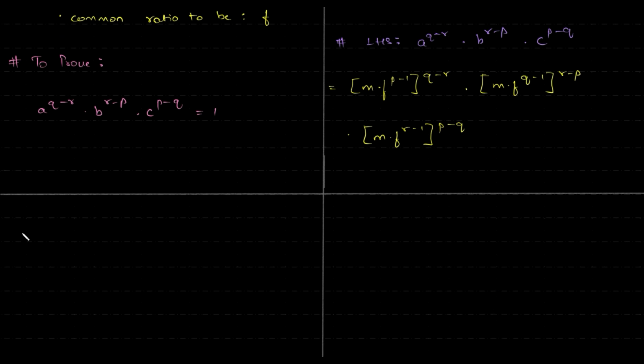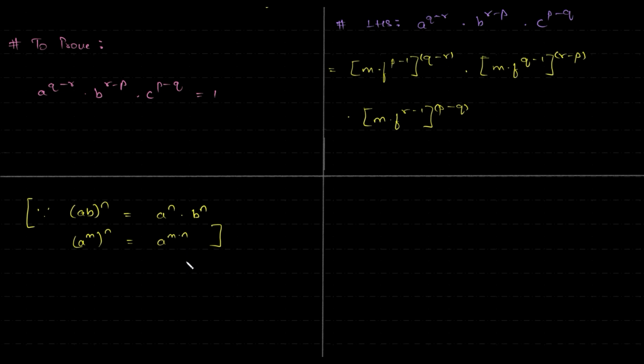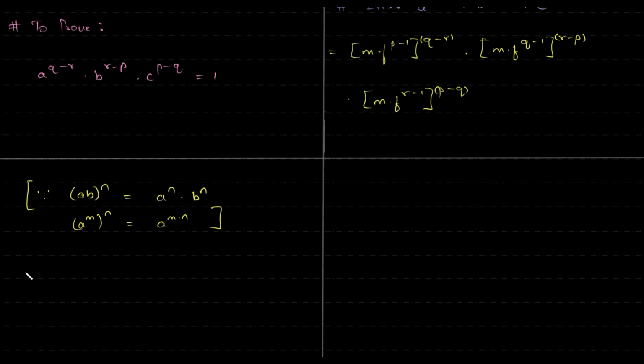Then we have to make use of certain formulas from exponents. That includes (AB) whole to the power of N, that's how we're going to spread the powers across. By the way, this has to be inside the brackets, making it clear. And then we have (M to the power of M) to the power of N is M to the power of M into N. Okay, and now we will open the brackets up.